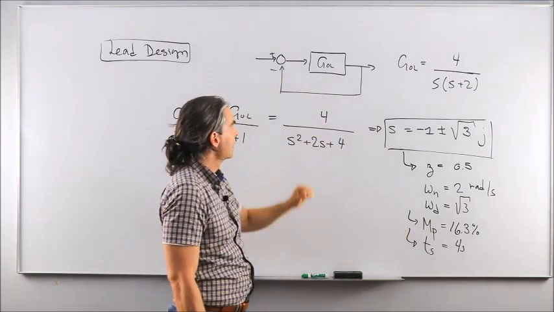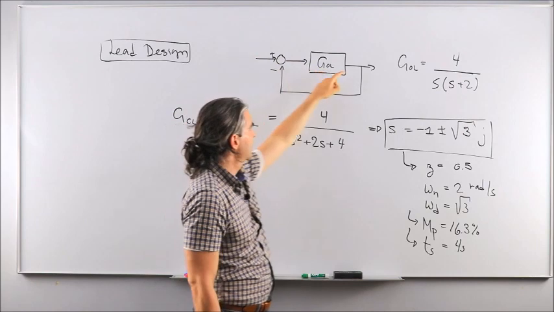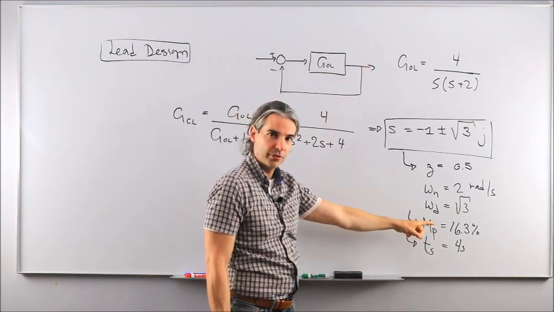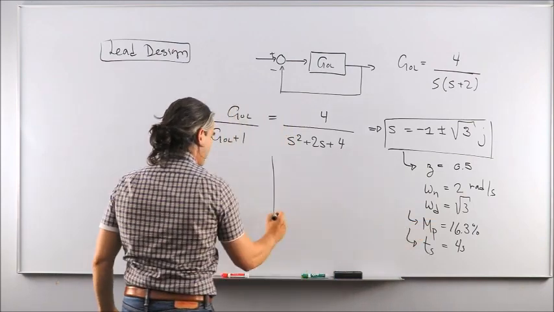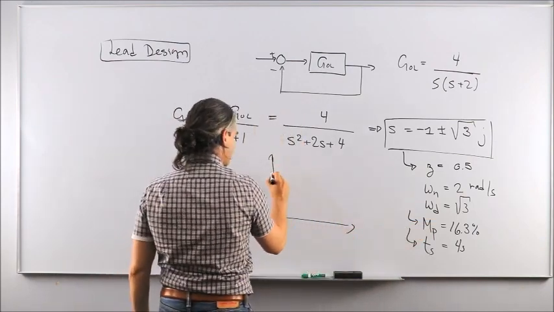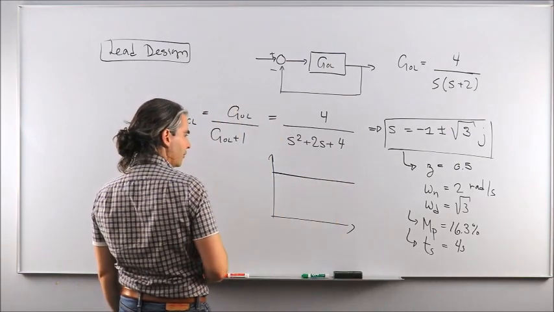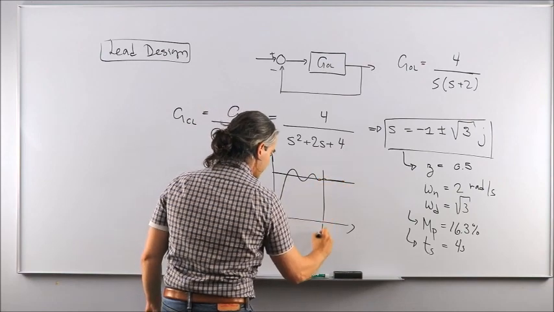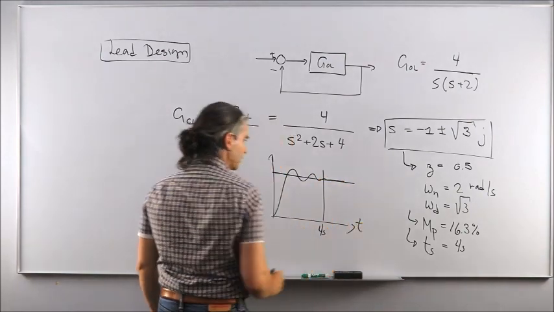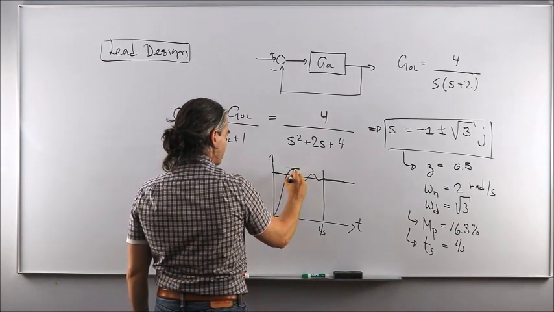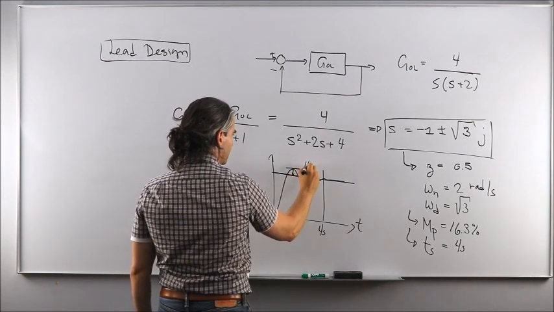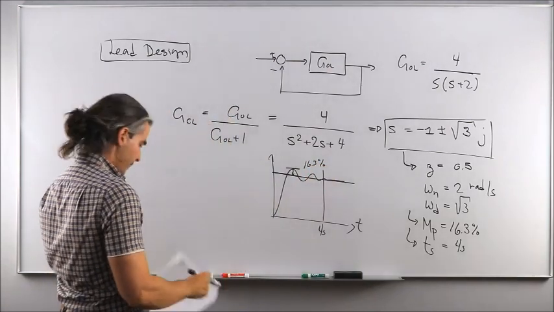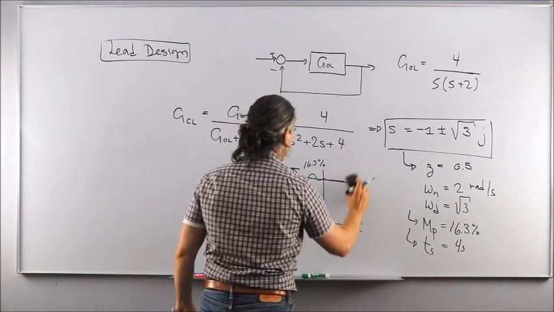That's what we have. If you inject a reference signal, you would see the output stabilizing in 4 seconds and with a maximum overshoot of 16.3%. So that means that if you were to track this step input function, we would stabilize within 2% in 4 seconds, which is relatively short but fast, and the maximum overshoot is going to be 16.3%. Not too bad, not too bad. But is that good enough? That is yet to be determined.